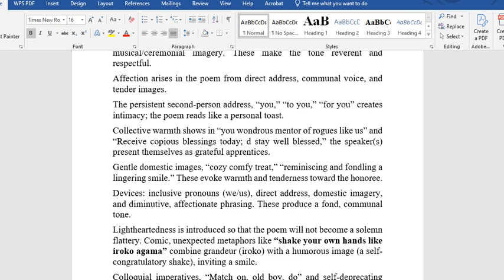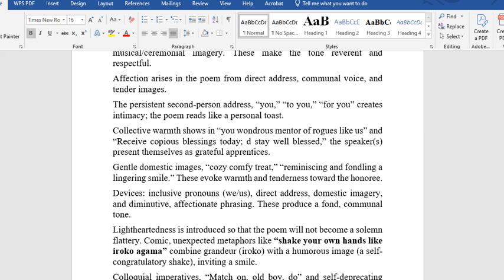Collective form shows in "you, wondrous mentor of rogues like us," and "receive copious blessing today, they stay well blessed." The speakers present themselves as grateful apprentices. That is, those that are praising the man, they present themselves as grateful apprentices.